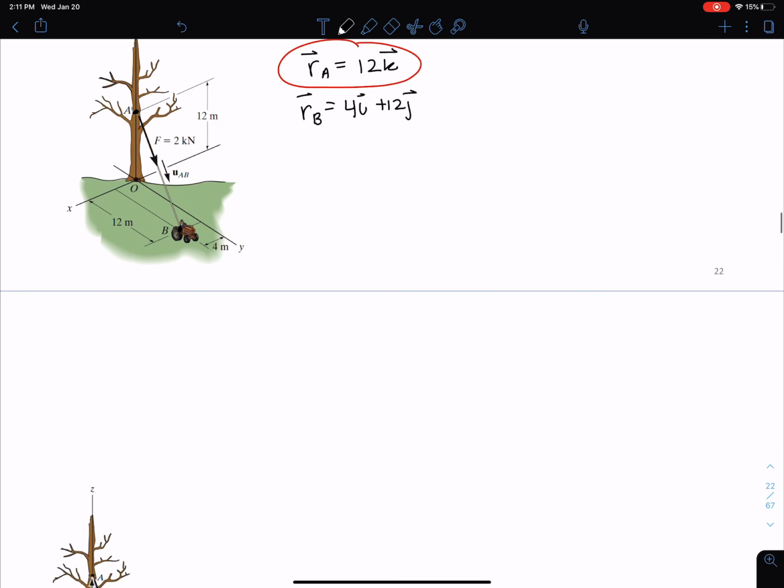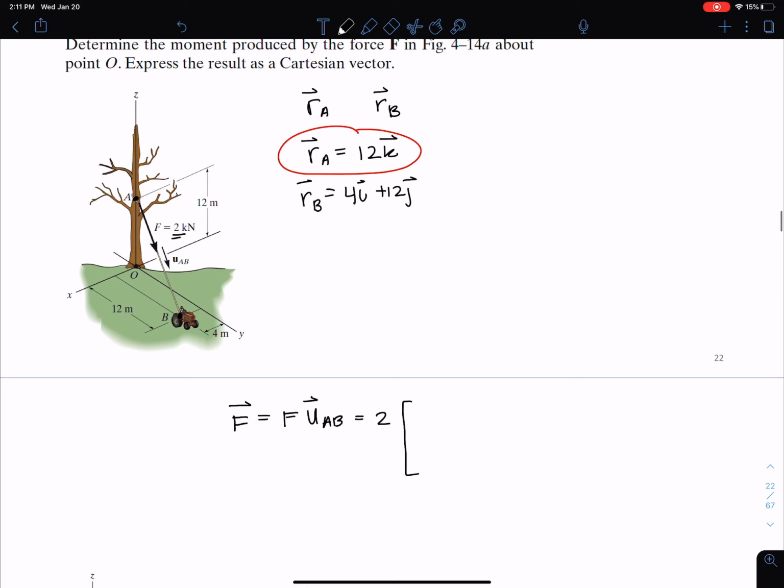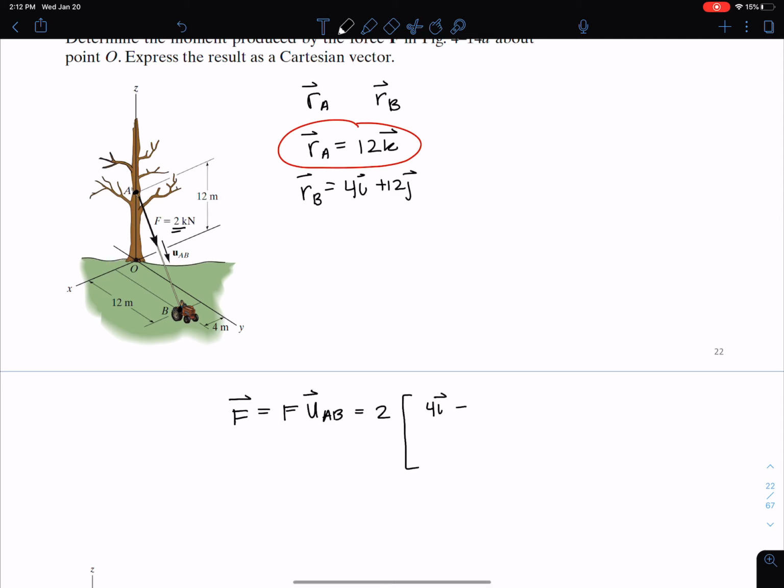Come down here. The force is equal to the scalar quantity of the force, the magnitude, times the unit vector AB. I know that it's a 2 kilonewton force. Now, times the distance from A to B, so I need to subtract: I'm going to go from 4I plus 12J minus 12K, right?